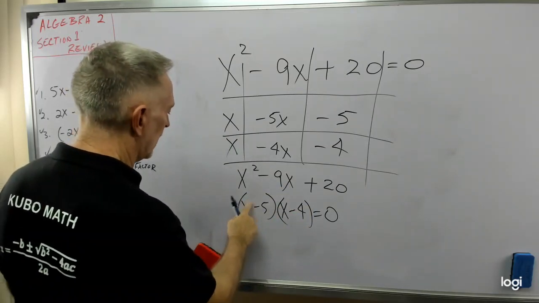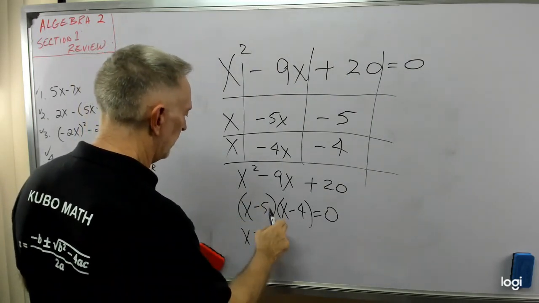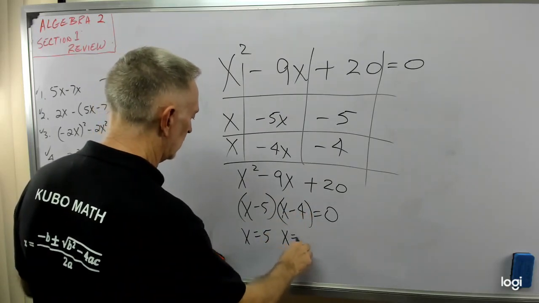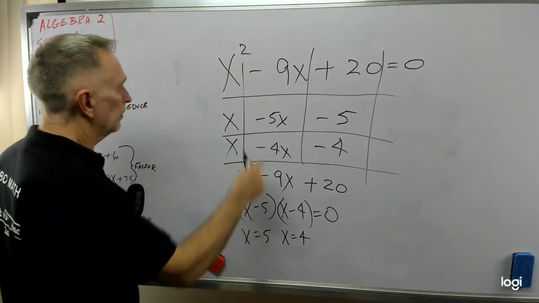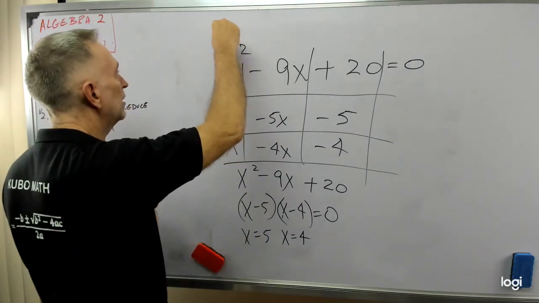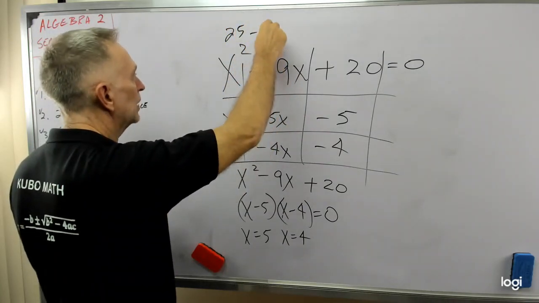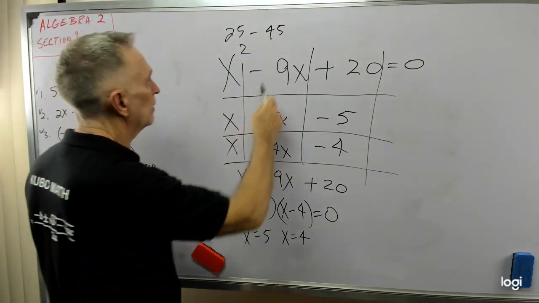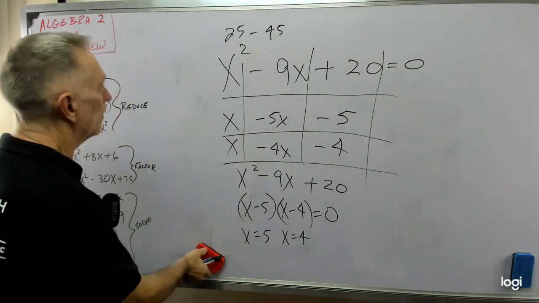So 5 minus 5 would be 0, so x equals 5. 4 minus 4 would also equal 0, so x could equal 4. So let's challenge ourselves here. 5 squared is 25. 9 times 5 is 45. So 25 minus 45 is minus 20 plus 20 equals 0. That works out.